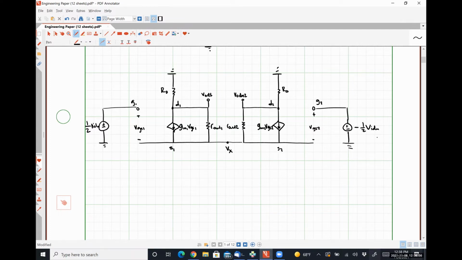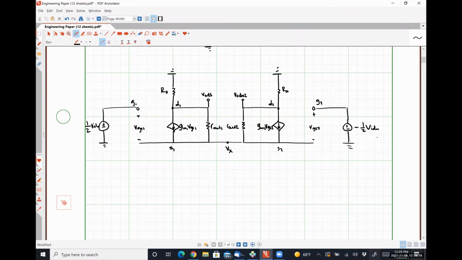So what I can do is express, by doing Kirchhoff's voltage law and recognizing that Vx is a nodal voltage with respect to ground, I can apply Kirchhoff's voltage law to the input side of both of my transistors.